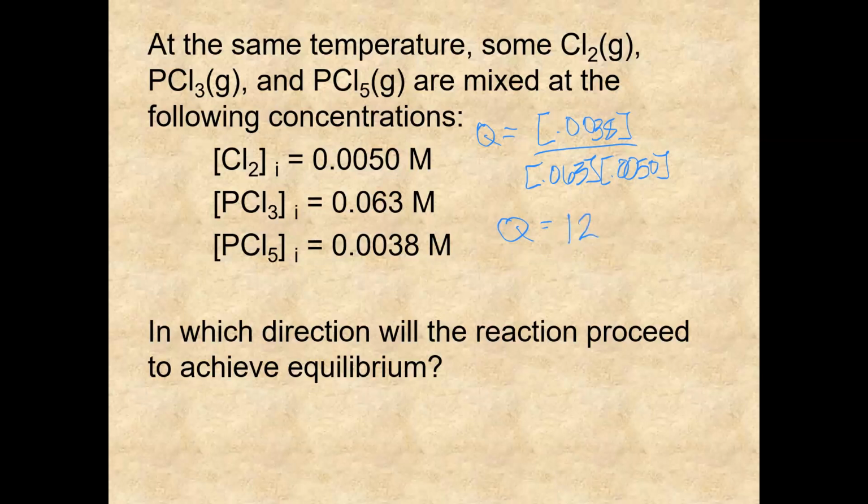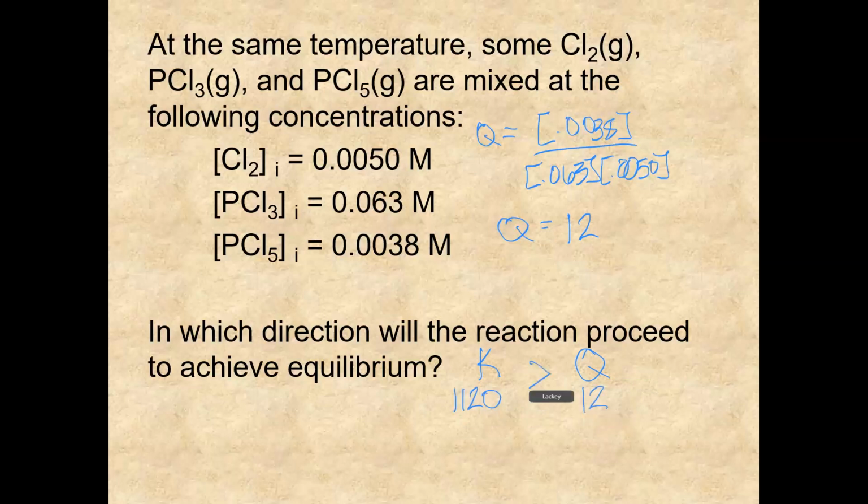So notice that this is not the same as our K value. So we are not at equilibrium. And to compare these, we need to compare K to Q. So remember, if you put these in alphabetical order, it gives you that arrowhead to show which direction to shift in. So we say K was 1,120, Q is 12.